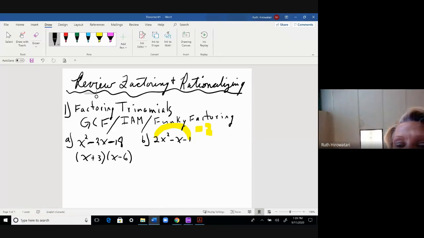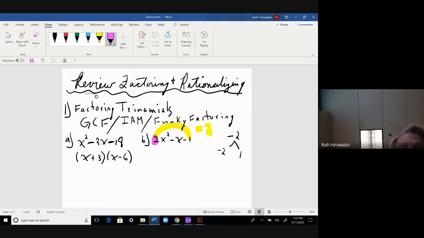So 2 times -1 gives me -2. I've got a -2, and my factor tree would be -2 and +1. Then look back at the leading coefficient and divide by it.